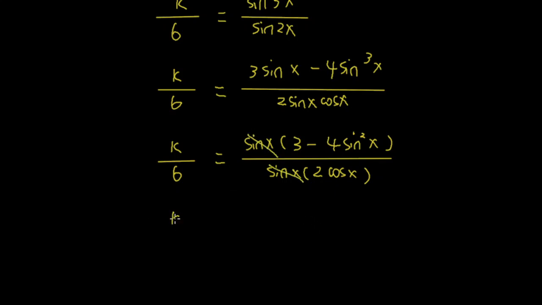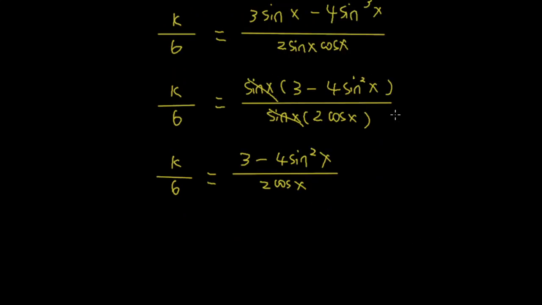What we have left is k over 6 equals 3 minus 4 sine squared x divided by 2 cosine x. What do we do next? It's not too good to have sine x on the top and cosine x at the bottom, because they cannot cancel out.